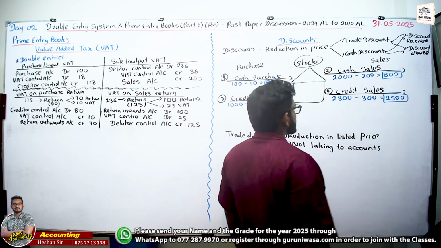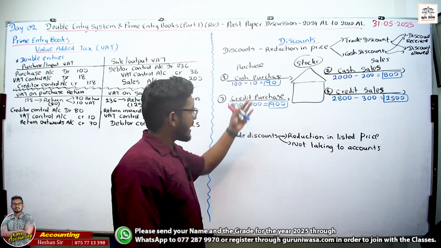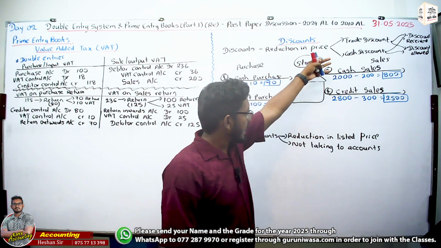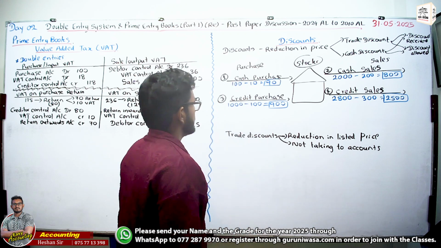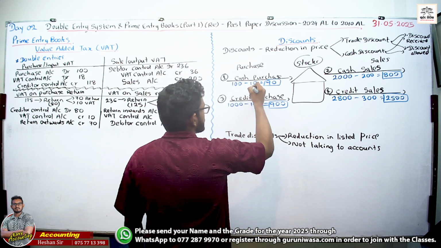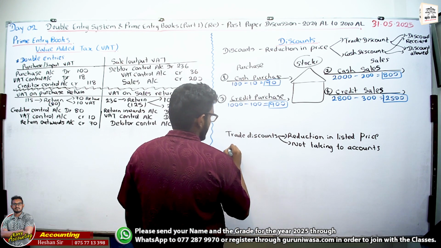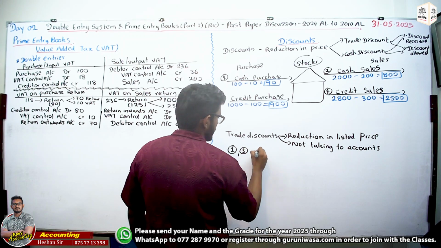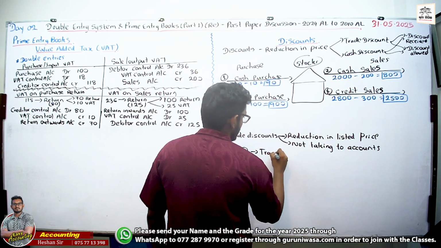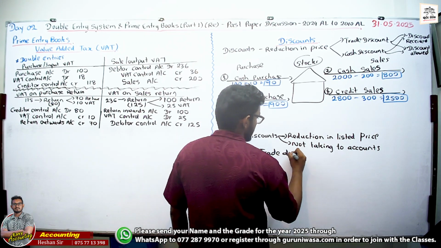Trade discounts can happen in everything: cash purchase or credit purchase, cash sale or credit sale. These, 1 and 3, are trade discount received.